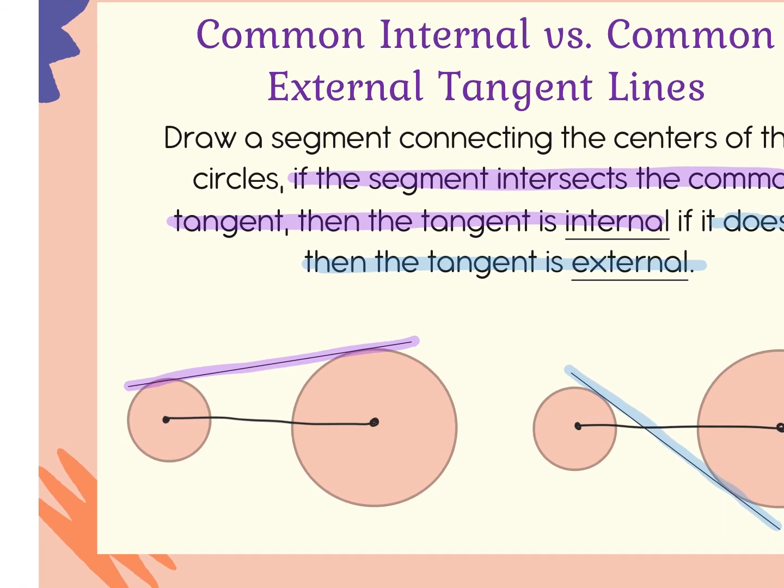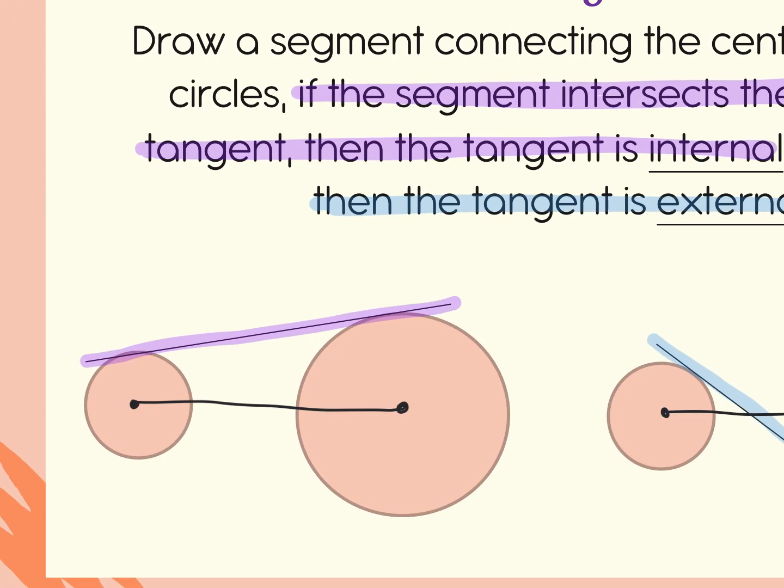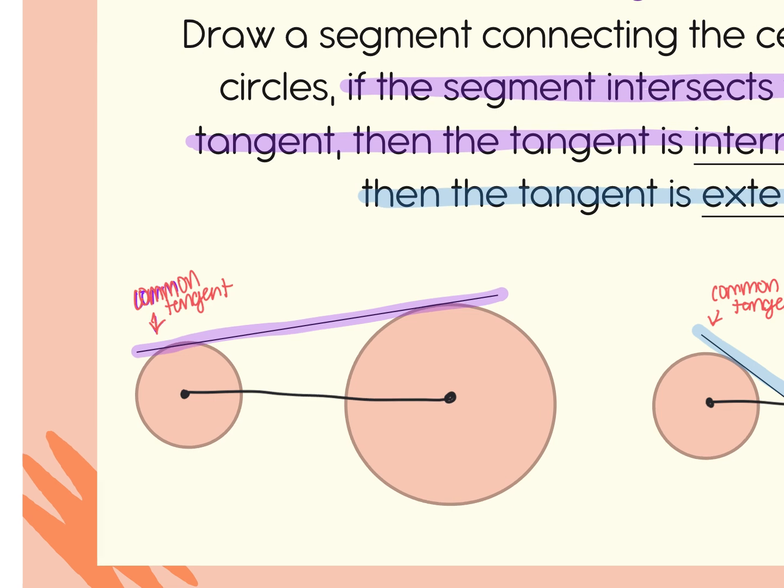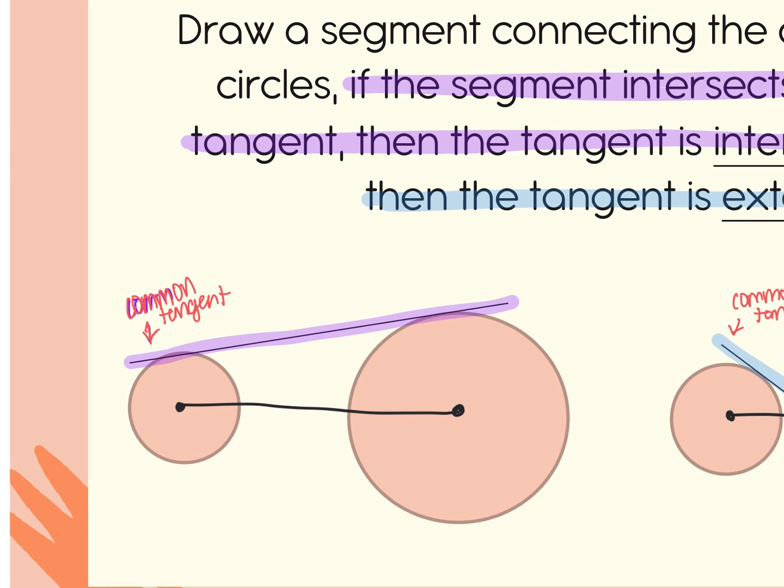So looking at the first one, again, a couple things you need to remember. This line is called your common tangent. I'll write it in red because it's the same. This line is called my common tangent, so just so we know. Now, is this one a common internal tangent or a common external tangent?